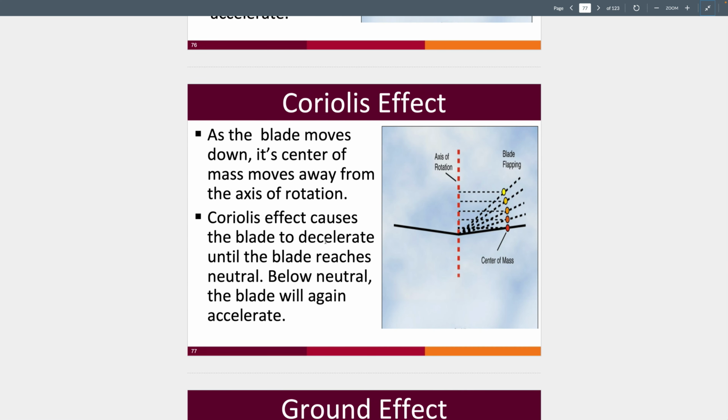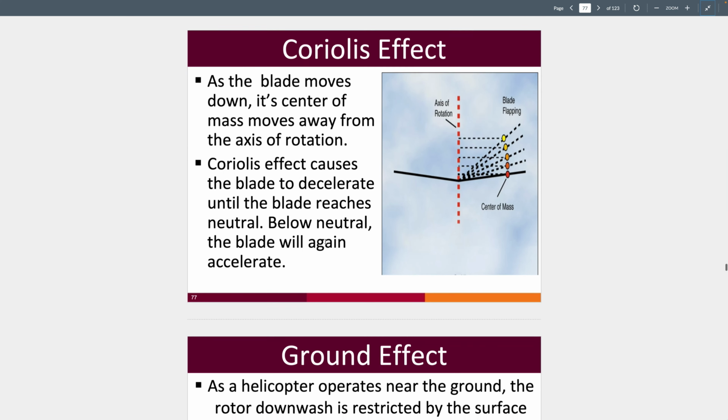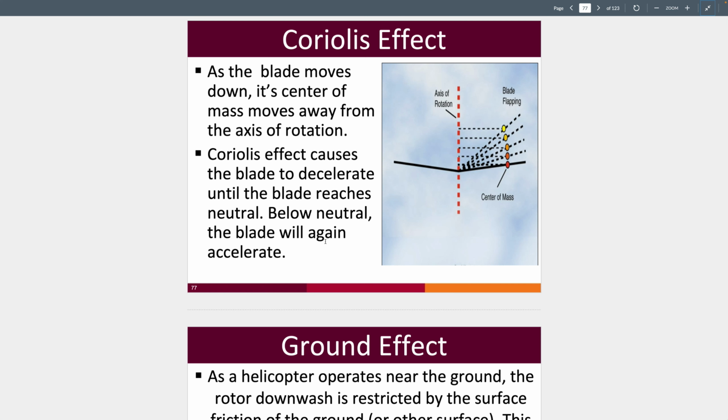As the blades move down, their center of mass moves away from the axis of rotation. Coriolis effect causes the blades to decelerate until the blades reach neutral. Below neutral, the blades once again start to accelerate because the center of mass begins to move closer to the axis of rotation.